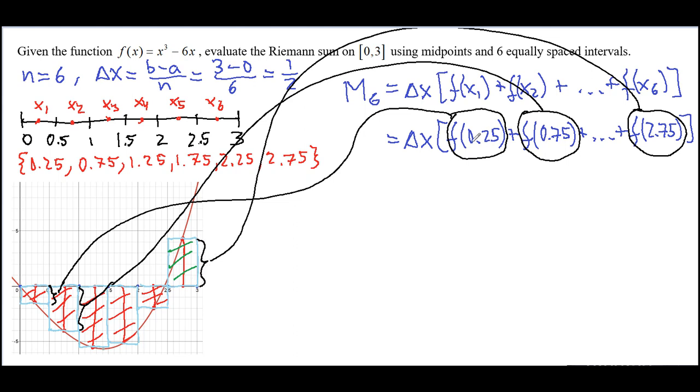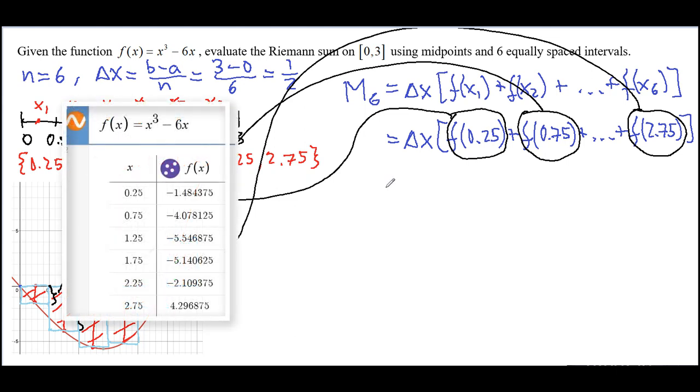As we proceed to find the sum, we notice that these x values are going to give me some very messy y values because of my cubic function. So I'm going to use an aid, some kind of calculator. And here's the table of values that I'm now going to use to find the sum, which comes out to be negative 14.0625.